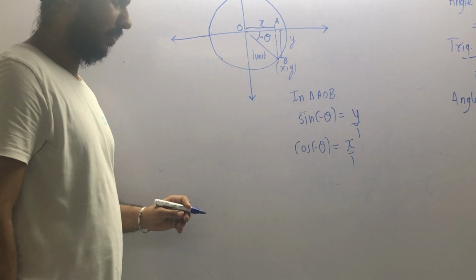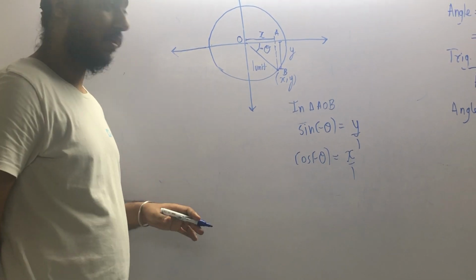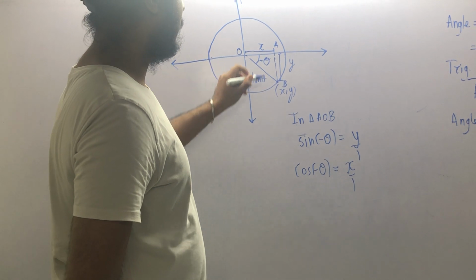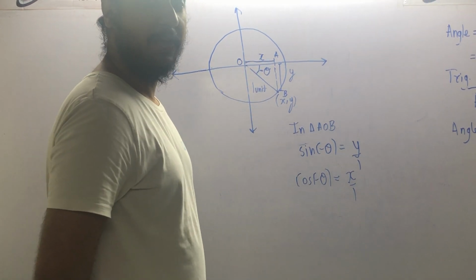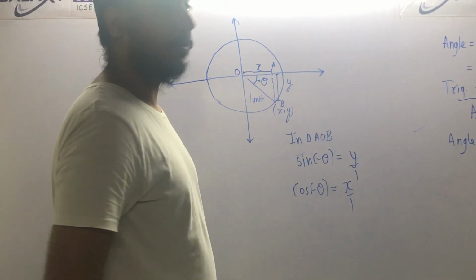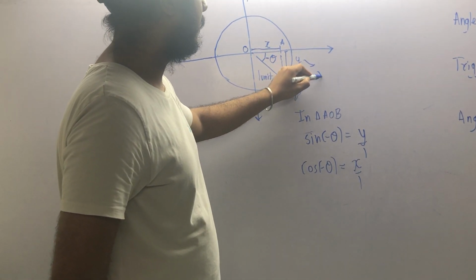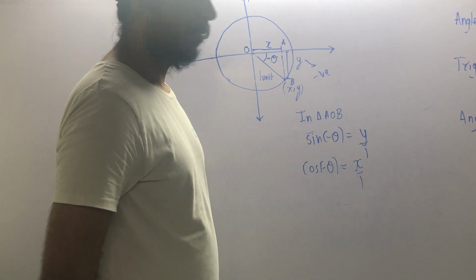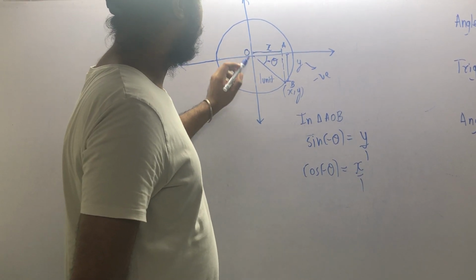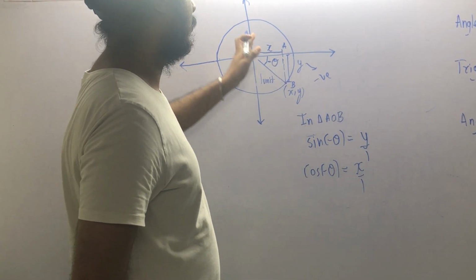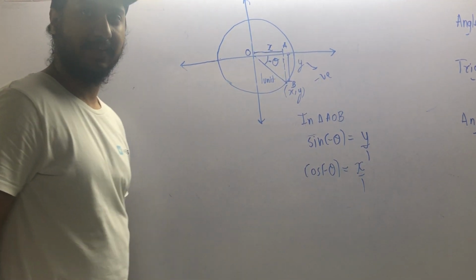Okay, this is not the end here. Now understand what I am going to say. This is very important. Now all of these are lying in fourth quadrant. In fourth quadrant this y will be what? Positive or negative? Y will be negative. What will be the value of x? X will be positive because it is lying on the right side of the x-axis.